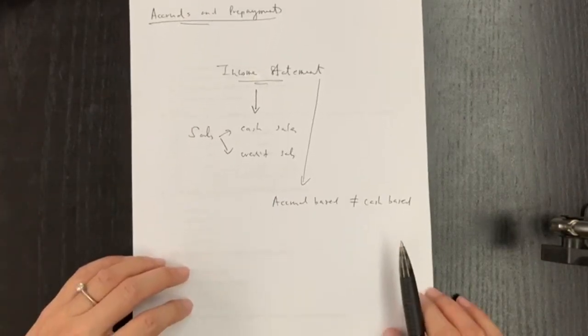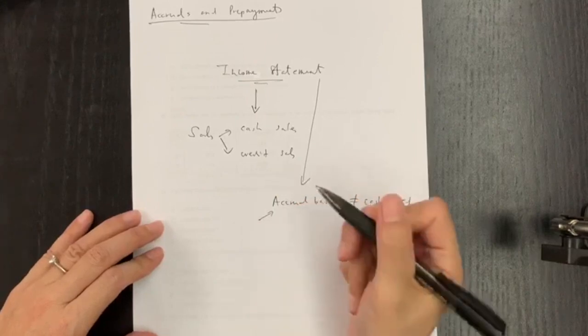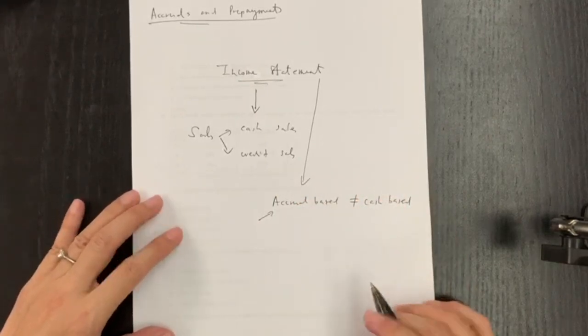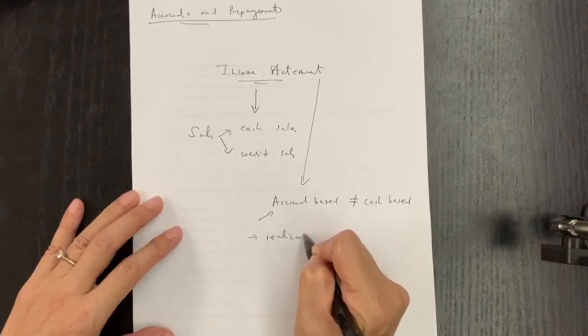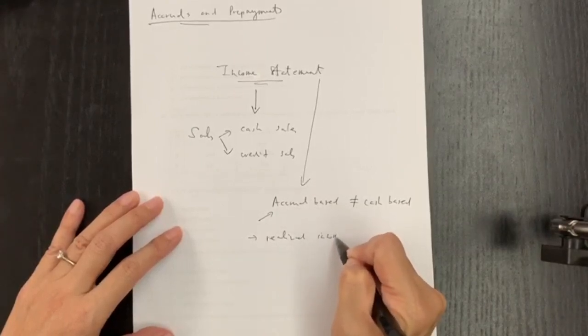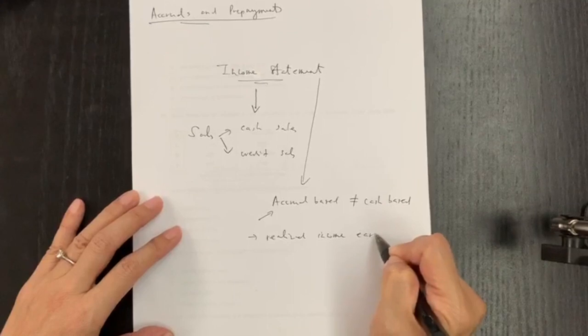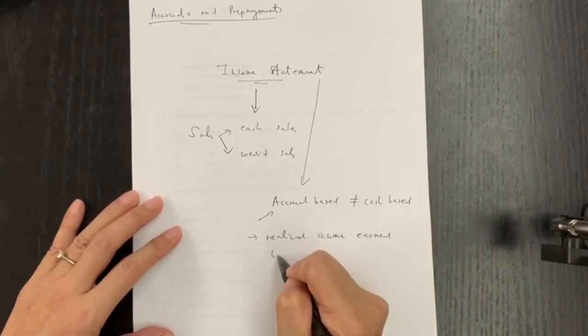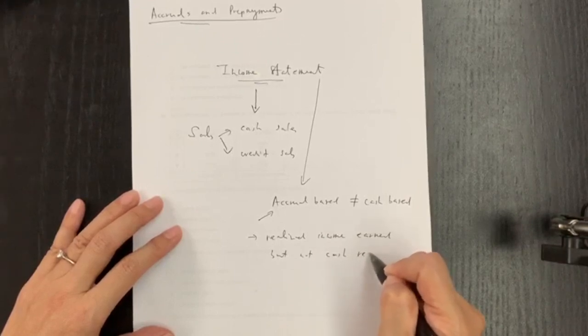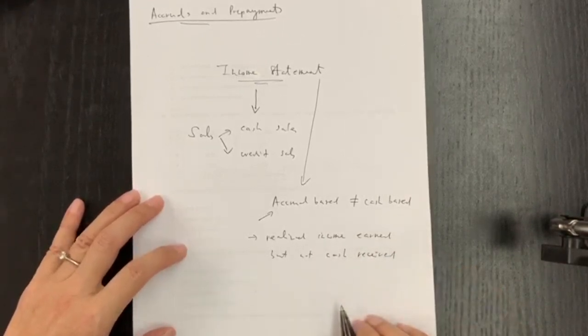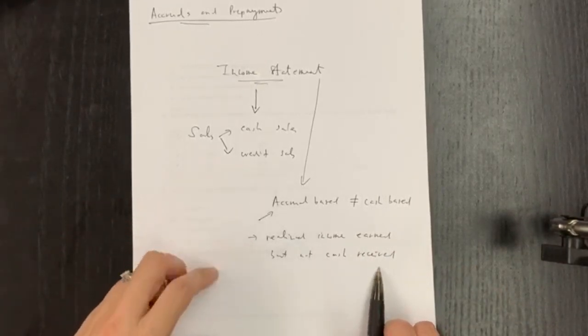Okay, so remember what is the definition for accrual concept? It means we realize income earned but not cash received, just like credit sales.